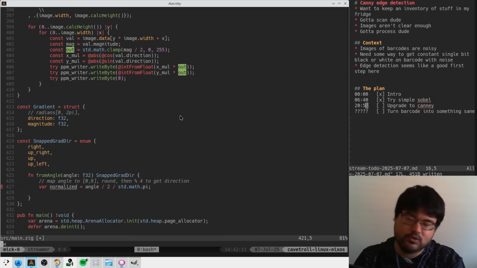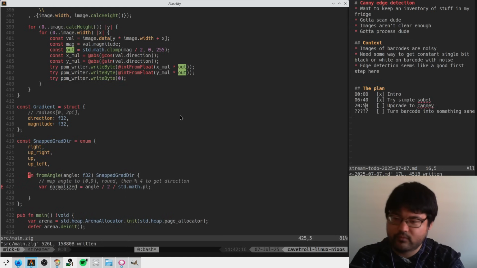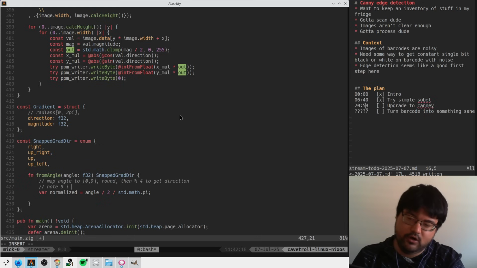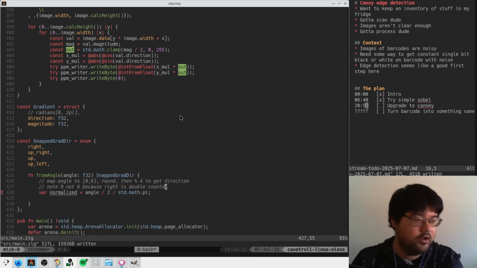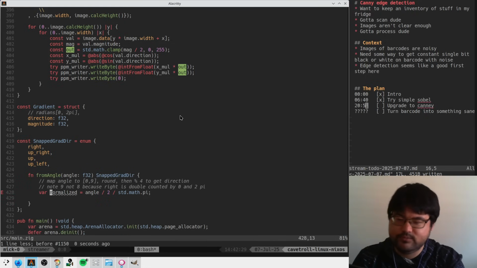And then here we just do it in the right order, and we can just do it in from int. Note 9, not 8, because right is double counted by 0 and 2 pi. Okay. That seems right to me.